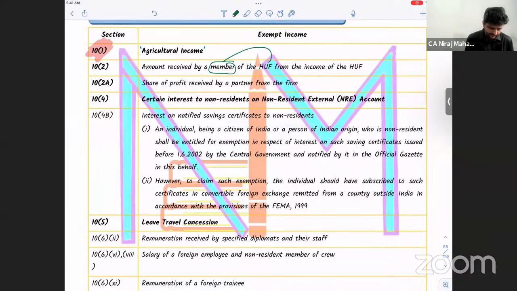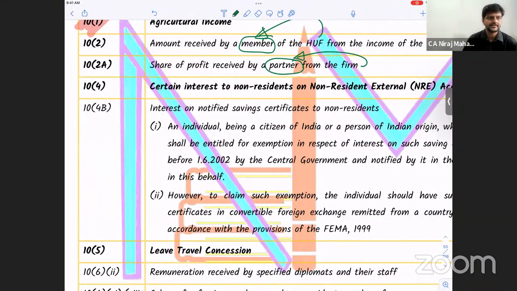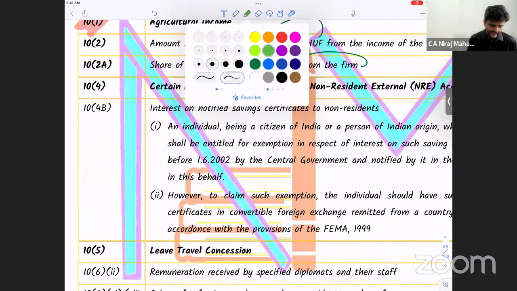The member has received from HUF. All of you agree? And in 10.2A, who has received? The partner from the firm. So in 10.2 our assessee is the member, and in 10.2A our assessee is the partner. So it is the income of these persons. Why is it exempt?